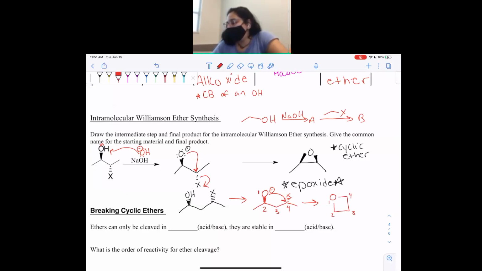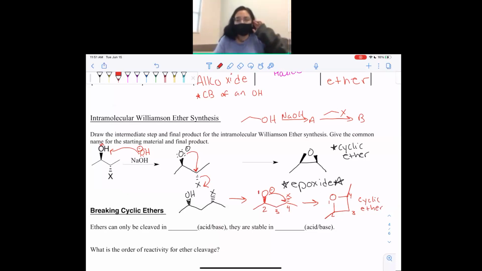And we know that on carbon 2 we have a substituent, and on carbon 4 we have a substituent. So in this case, we get a cyclic ether, but we do not get an epoxide.